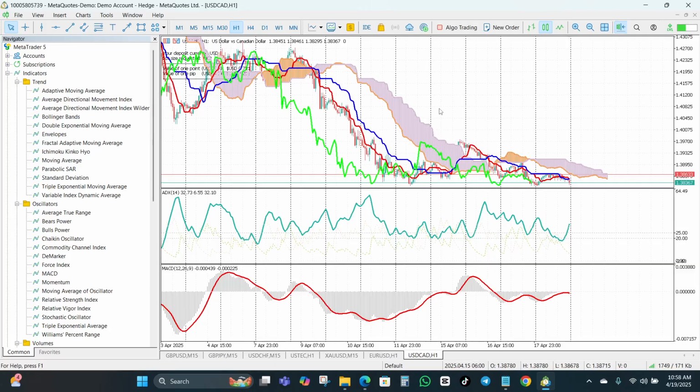So all these indicators are already available on MetaTrader 4 and MetaTrader 5, and they work on every major currency pair. In fact, they work on all the assets. So it doesn't matter whether you are trading Forex pairs, stocks or indices, you can take advantage of all these indicators.